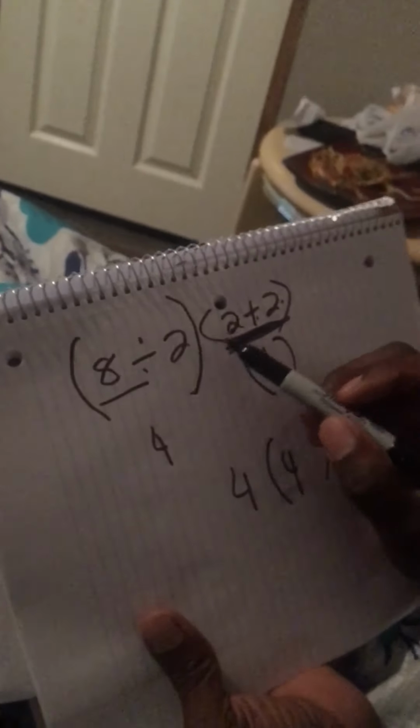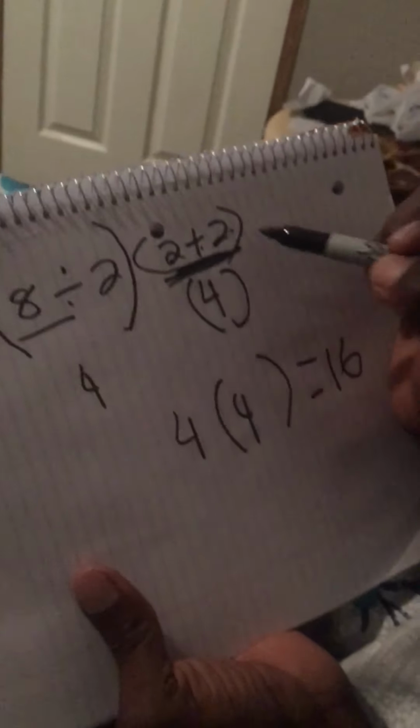So that equation here is actually that. So you have to do 8 divided by 2, which will give you 4. So now you have to bring those two guys down. Now you're gonna have 4 times 4, which will give you 16. That is the basic way to do this. I don't think people looking at this are realizing that the inside you have to do and then the outside is different.